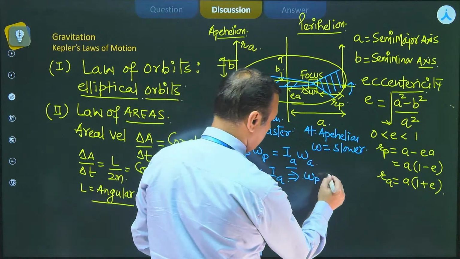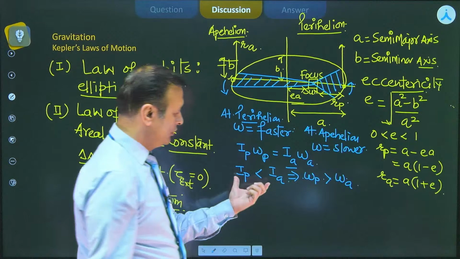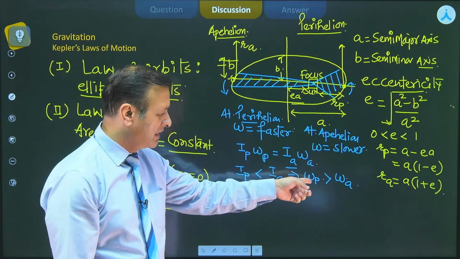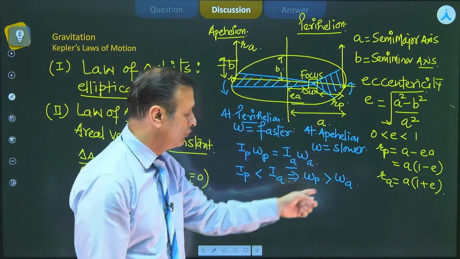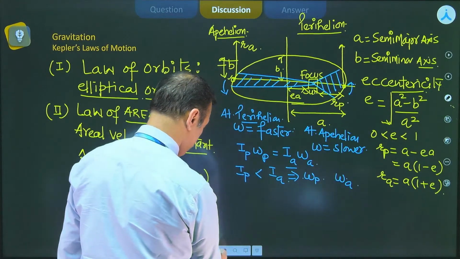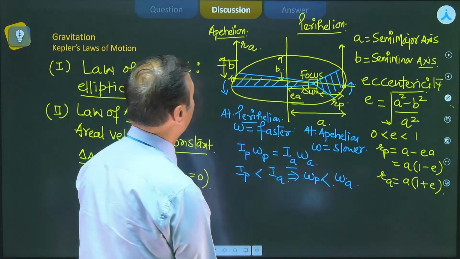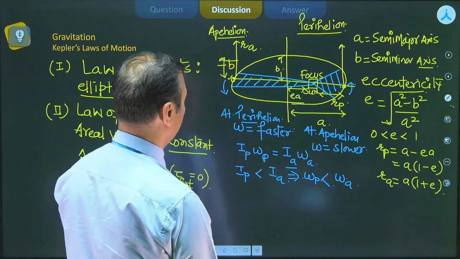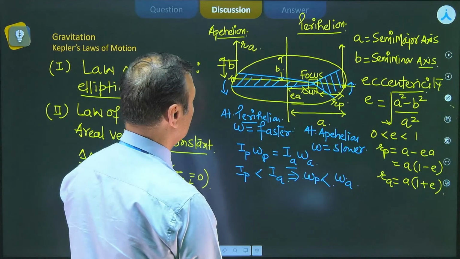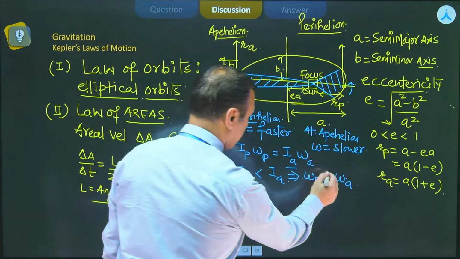So for this one, when you look at this, omega at aphelion is slower. Sorry, that was correct.